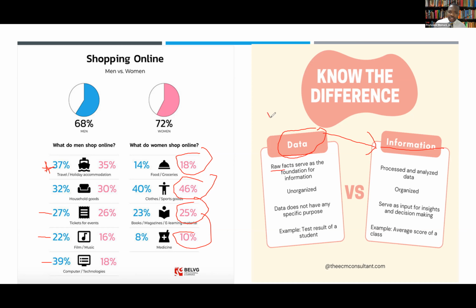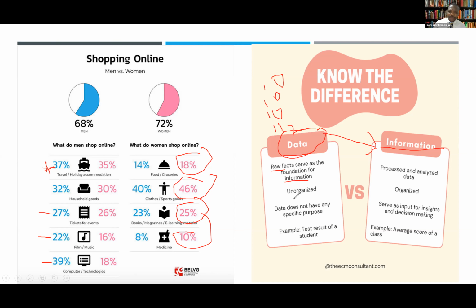So I call it 1, 0, 1, 0, 1, 0. Sometimes we call them binary ones. I'm having a little challenging time really drawing my cursor, but I think you get the point. They're raw facts that serve as a foundation for information.